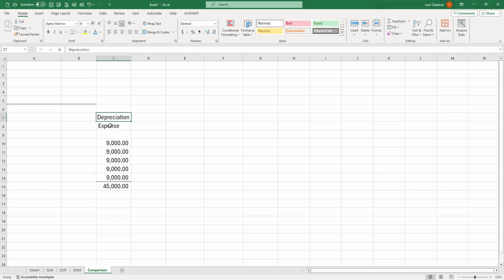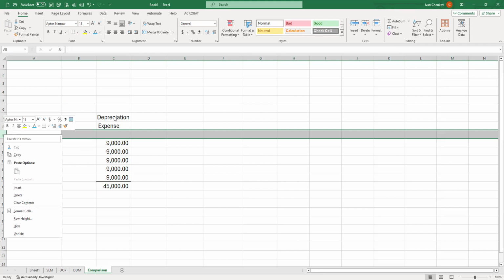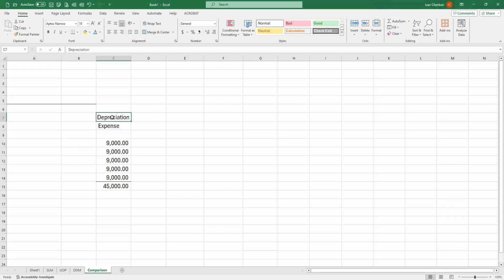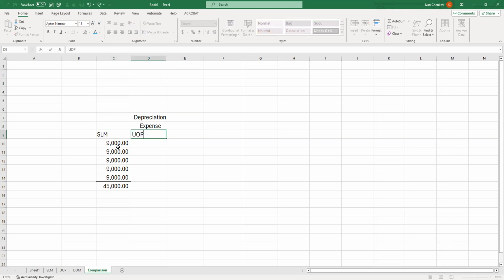If we're using the depreciation expense under the, we can easily do it this way, match those depreciation expenses. The first one is the straight line method. The second one is the units of production. And the last one is the double declining method.